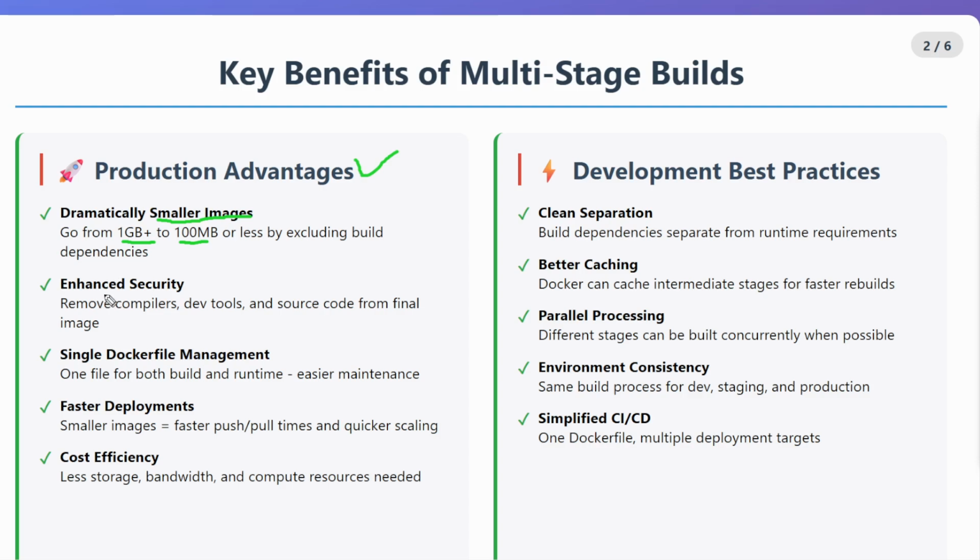Then enhanced security: we remove the compiler, dev tools, and source code from the final image, which are not required at the end. And single Dockerfile management: one file handles both build and runtime.